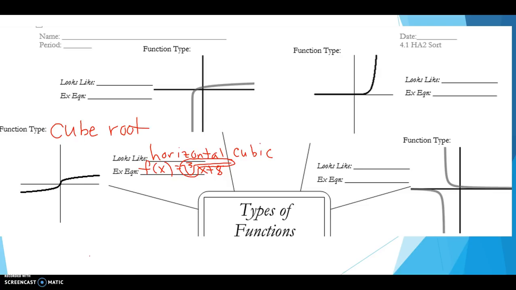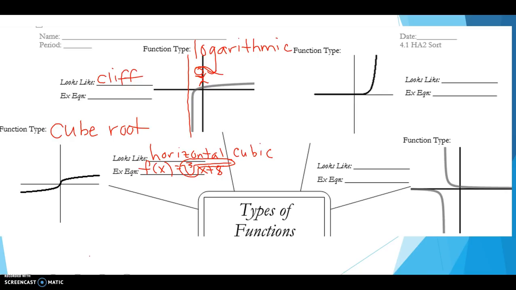So the next one is logarithmic. Logarithmic, I think, looks like a cliff. Like, no, don't jump. So it kind of looks like a cliff. Notice it flattens out at this one end, and we're going to talk about what that is in a few lessons.